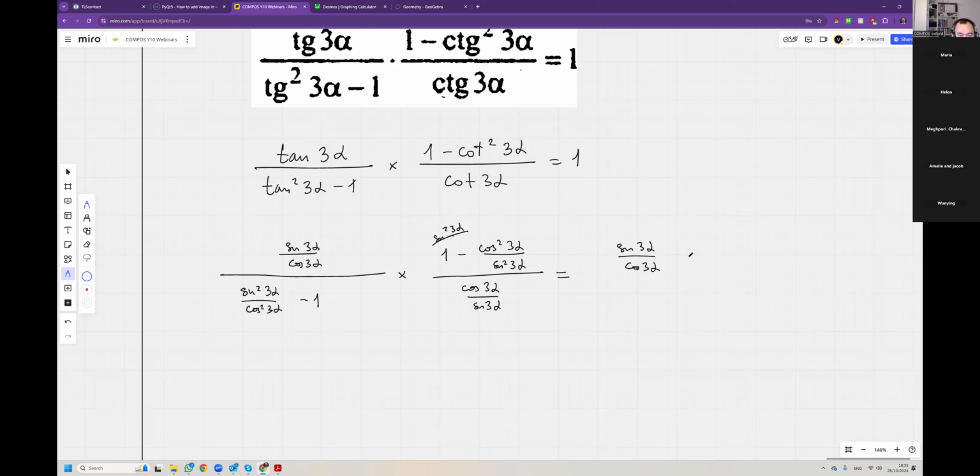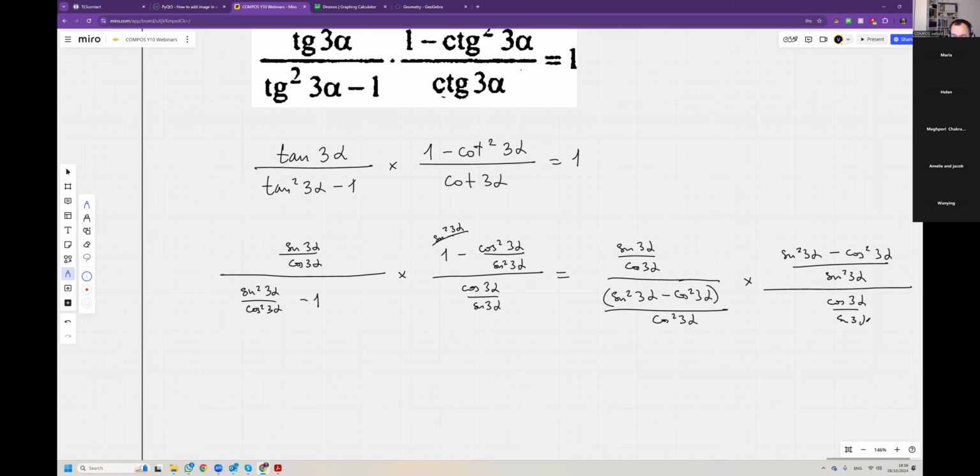And then multiplied, here you have sine squared 3 alpha minus cos squared 3 alpha all over cos squared 3 alpha, multiplied by sine squared 3 alpha minus cos squared 3 alpha divided by sine squared 3 alpha, and over cos 3 alpha over sine 3 alpha. Okay.